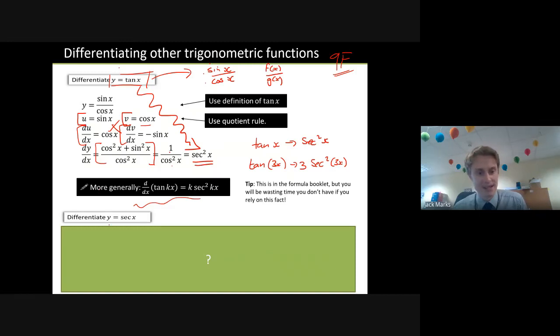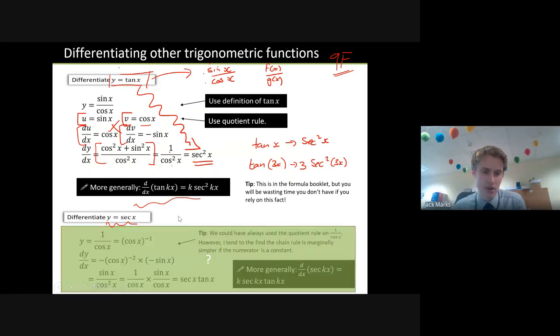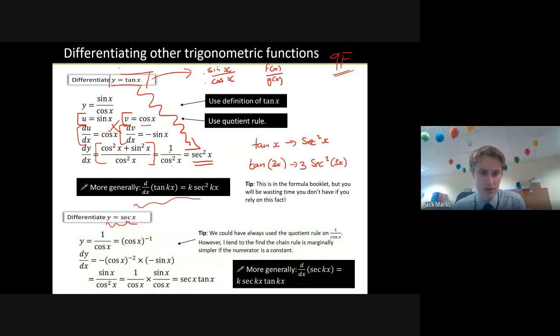The other one is this one here. So what happens to sec of x? Well, what's the best way to go around this one? Again, using cos. We know that sec is 1 over cos, and then we can write it like this.